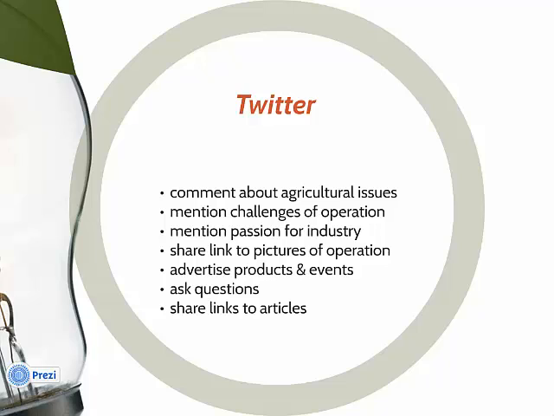You only have 140 characters to deliver a message. It's not a lot of space. So what you can do is comment about some agricultural issue. Recently, I've seen lots of posts about the Farm Bill.